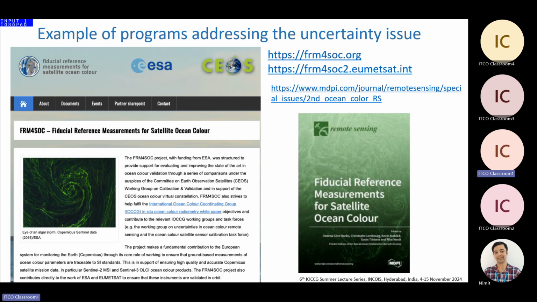Just a parenthesis, there is this FRM, fiducial reference measurement terminology, which has been introduced a few years ago. It's basically, my interpretation at least, when space agencies like ESA had and still have these validation programs where they try to get validation data from as many people as they can from the community, and they build a database and use it to validate their products.